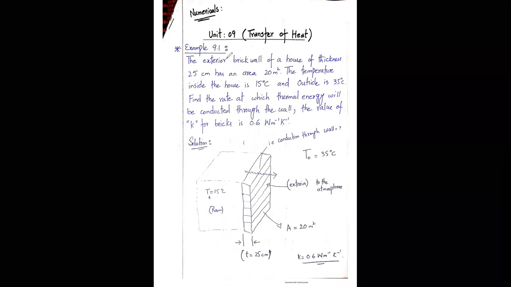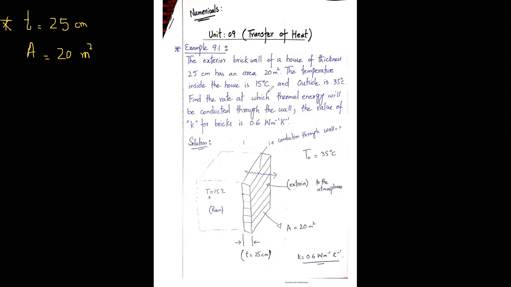First example: the exterior brick wall of a house has a thickness of 25 centimeters and an area of 20 meters square.